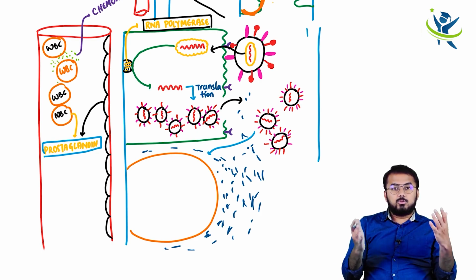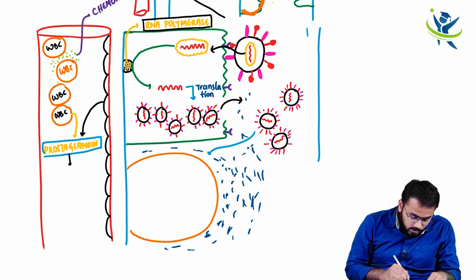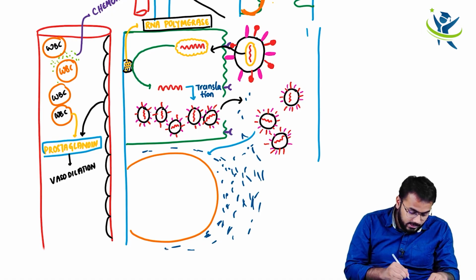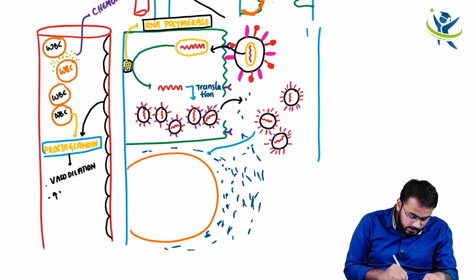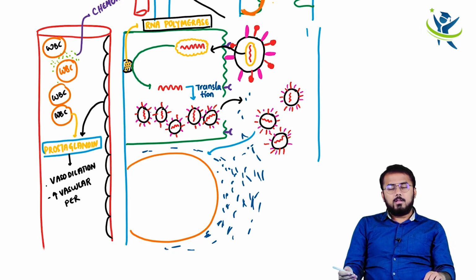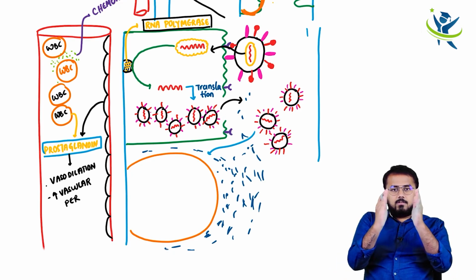Prostaglandin causes vasodilation. And what is the second function of prostaglandin? It will cause increased vascular permeability.